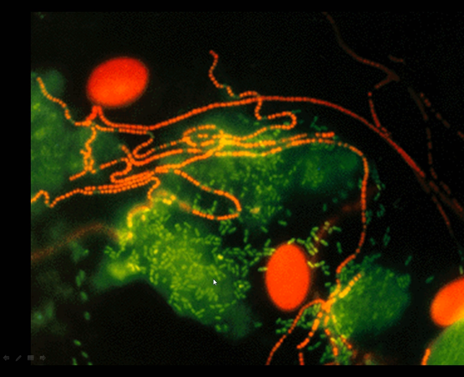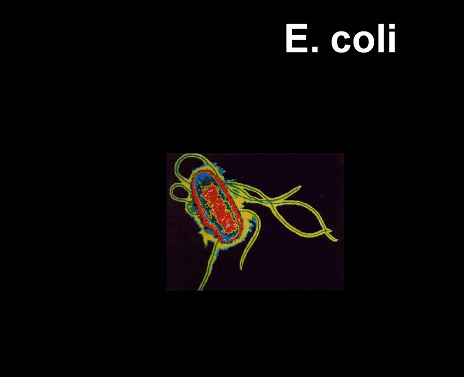These are actually tiny rod-shaped bacteria that have infected the inside of a human or an animal cell. So in the animal cell, you can see that these big splodges here are the nucleus, the control center of the animal cell, and these little green things here are small rod-like bacteria that have actually infected inside that cell.